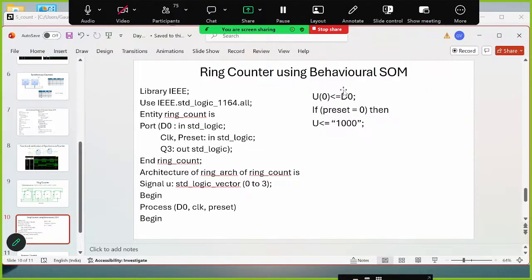What is the value initially at D0? It will receive it by this. Let's see whether it is required or not. We'll see later on, but first of all, design this. If preset equals 0, when it is activated, then you update with this value 1000.